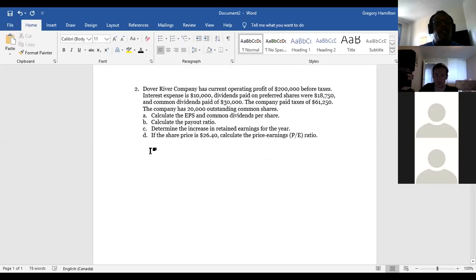So we can start by calculating the earnings per share and the common dividend per share, right? It tells you that it has an operating profit of 200,000 and interest expense of 10,000.